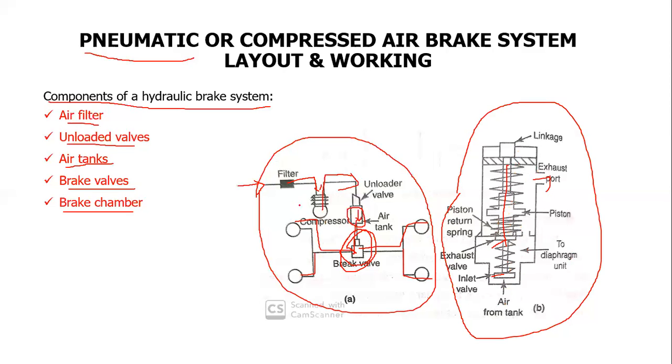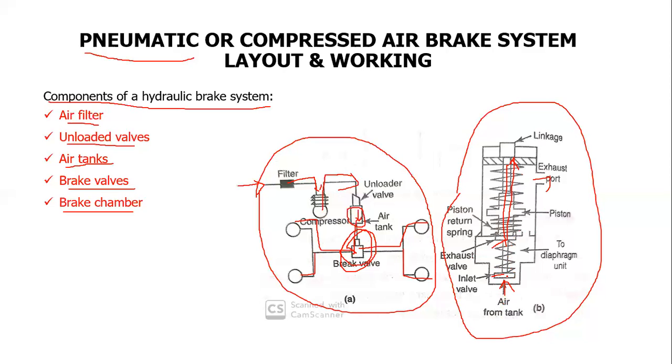Once the compressed air from the compressor gets in from this way, the inlet valve gets compressed, and then the exhaust valve in turn presses the cylinder to this region. This is because of the inlet compressed air.